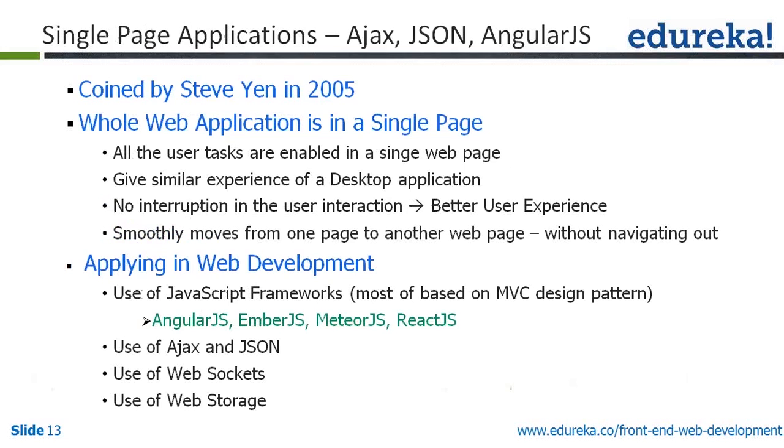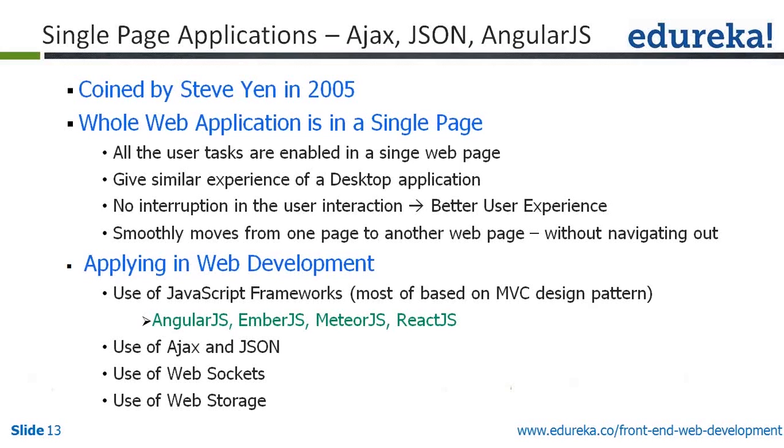Next is single page applications, which have been a trend nowadays. As I said, one best example which most of us use is the user articles on the LinkedIn page. For programming single page applications, you need technologies like Ajax for making asynchronous calls to the backend web server.